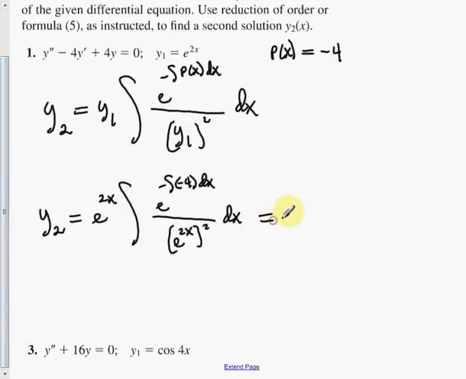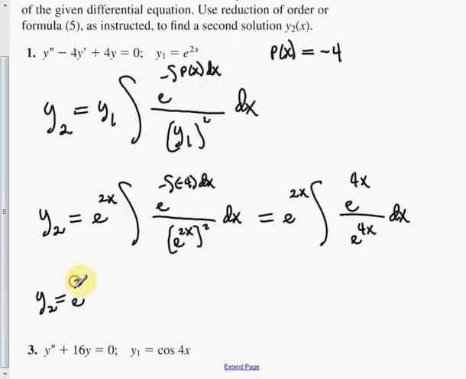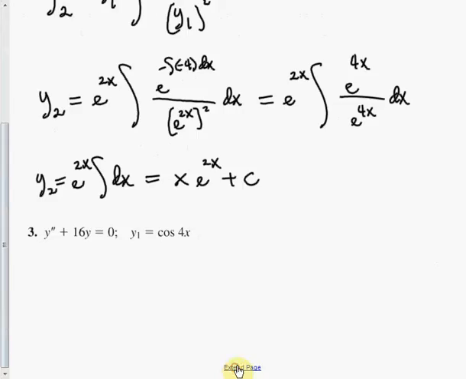So we simplify that. This is e to the 2x times the integral. Here, this is e to the 4x, divided by e to the 4x, dx. So the second solution is equal to e to the 2x times the integral dx. Well, that gives us x times e to the 2x plus some constant.